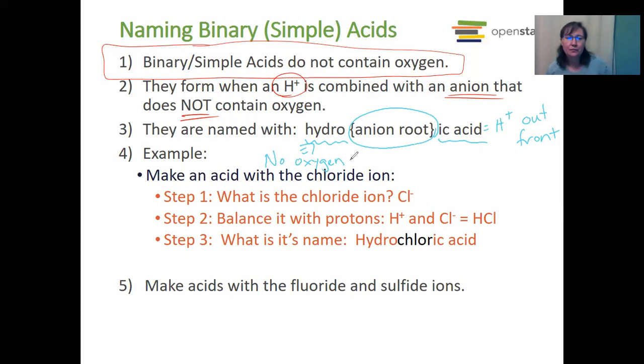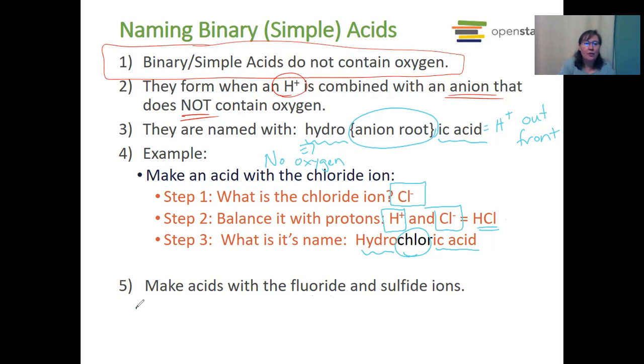Okay, so first of all, let's make an acid with the chloride ion. What's the chloride ion? Cl minus. And we're going to balance it with protons. So we have an H plus and a Cl minus, and those balance completely for HCl, which gives us hydrochloric acid. Now let's do the same thing with the fluoride and sulfide ions.